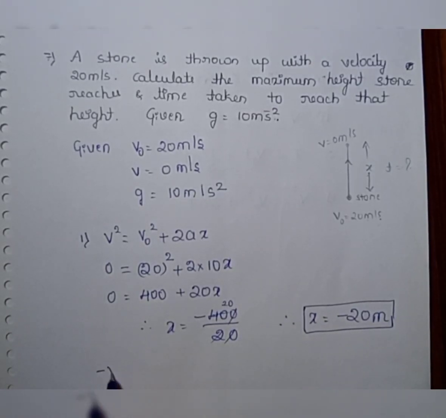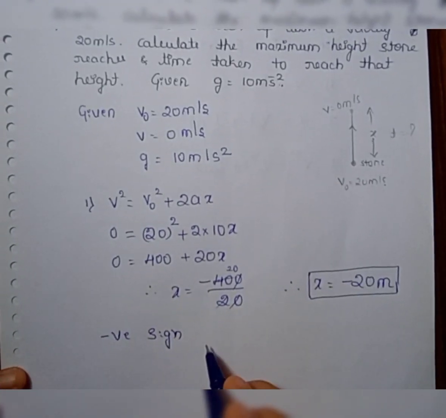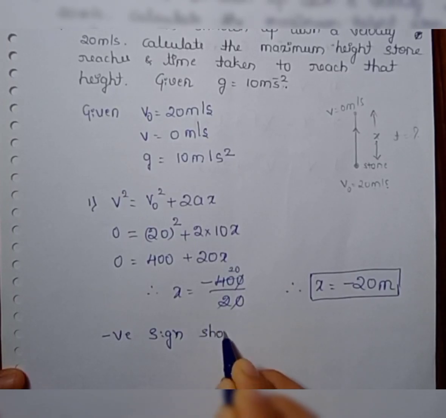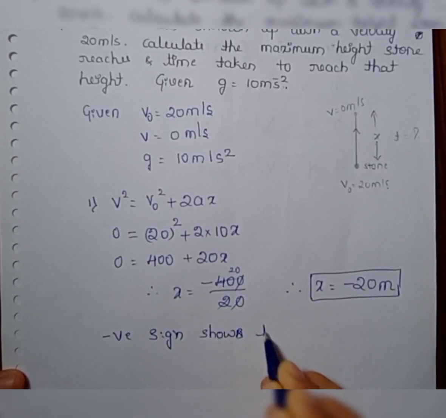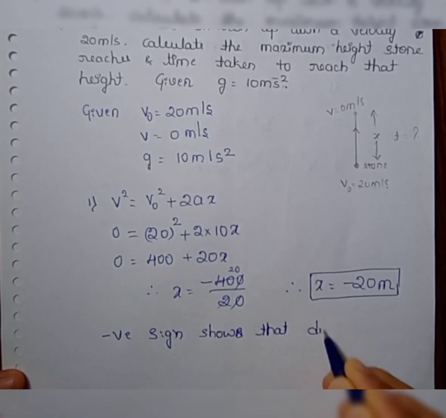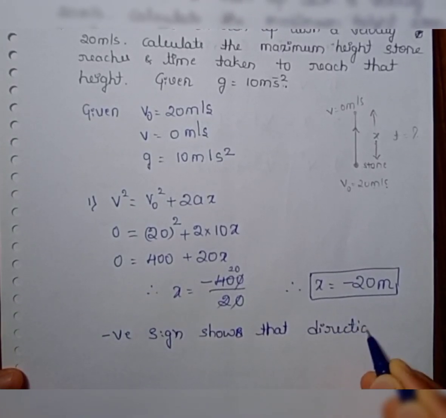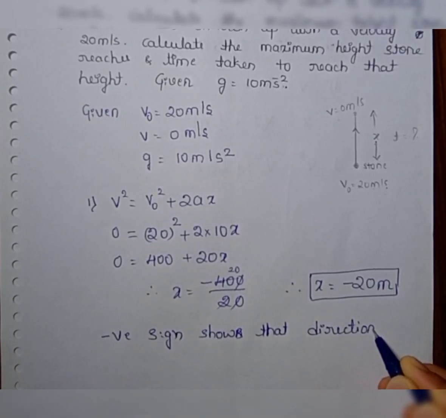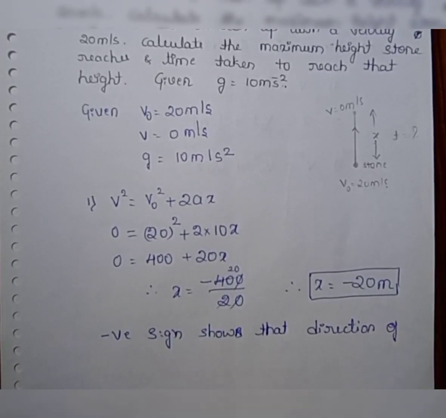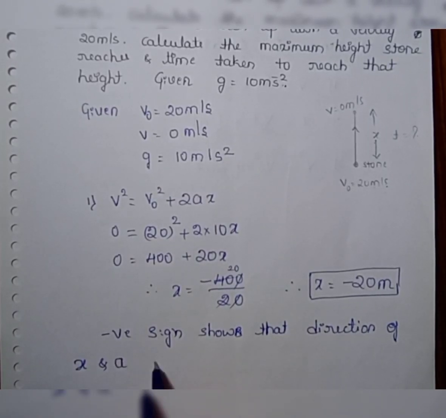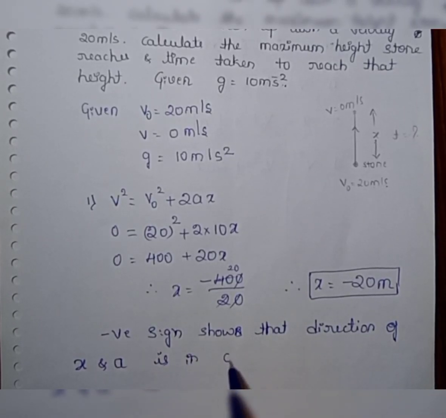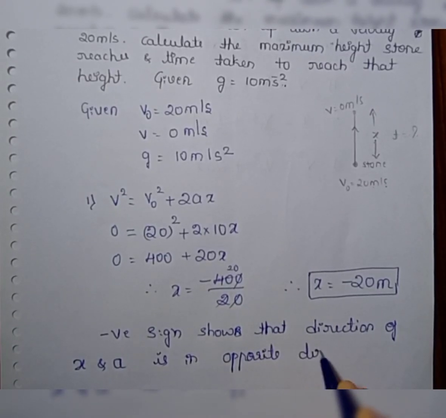Here negative sign shows that direction of distance and acceleration is in opposite direction.